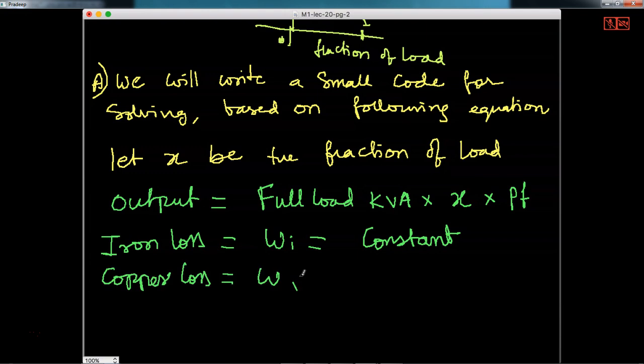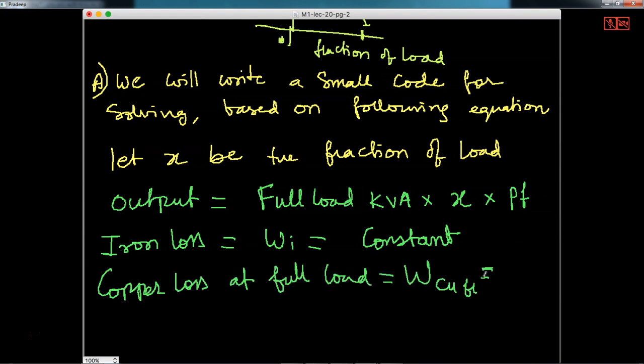So as I told earlier, this is copper loss at full load. Let me represent it as WCUFL, full load.